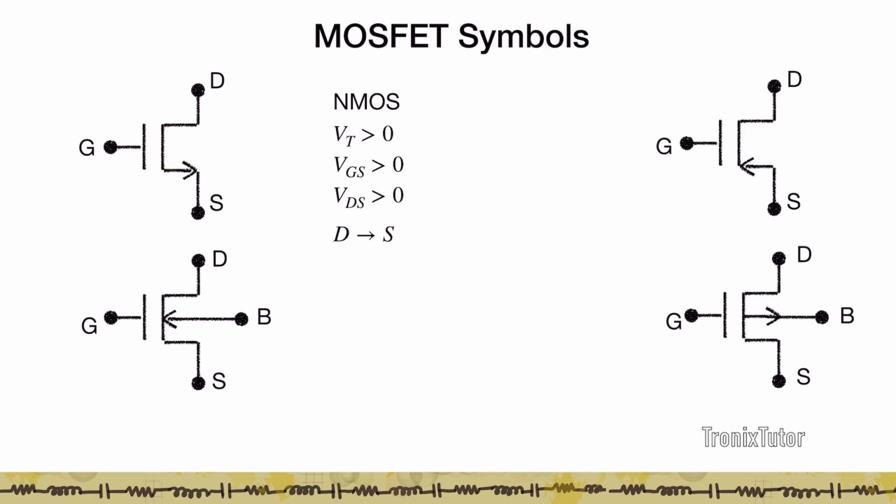In the PMOS, on the other hand, VT is less than 0, VGS is less than 0, VDS is less than 0, and the current flows from source to drain, again with the channel controlled by the gate.